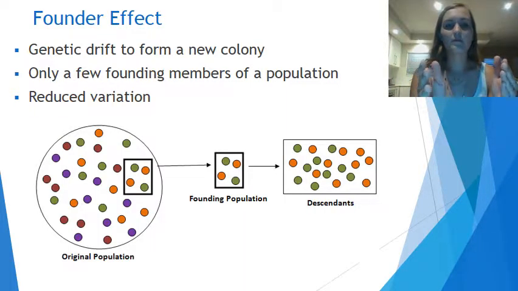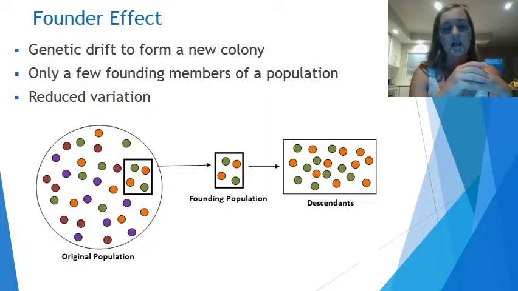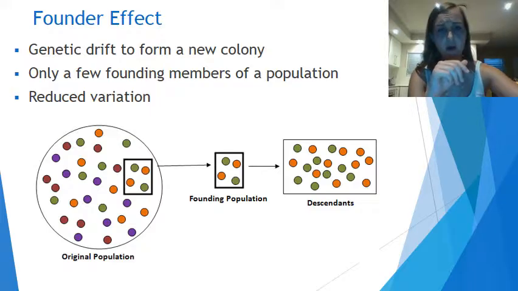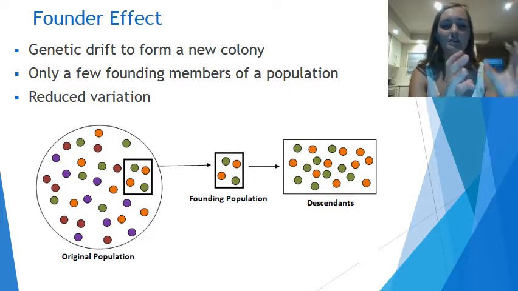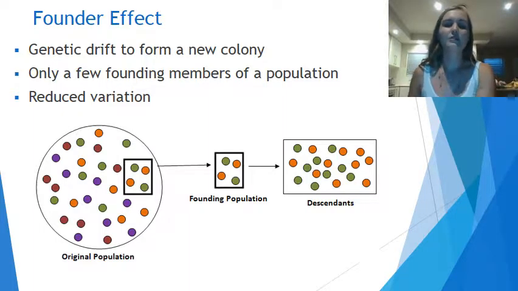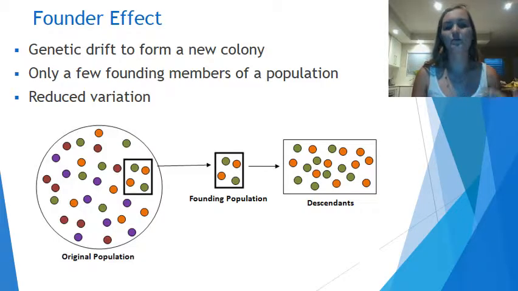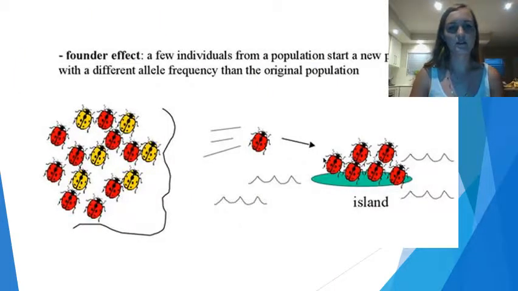What happens in this case, as you can see in the picture, is that you have reduced variation. You can see that the purple allele has been completely lost from the population due to the fact that such a small sample was taken to form the founding population. So this can cause issues. As you know, we like to have genetic variation as it makes populations less susceptible to diseases and such effects.